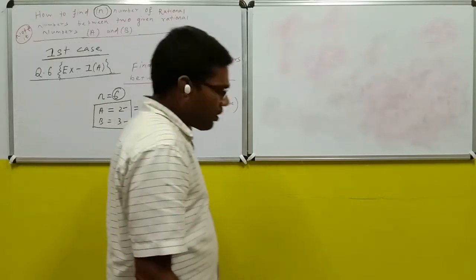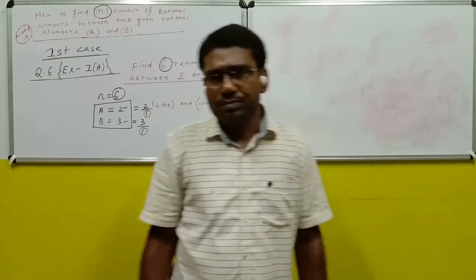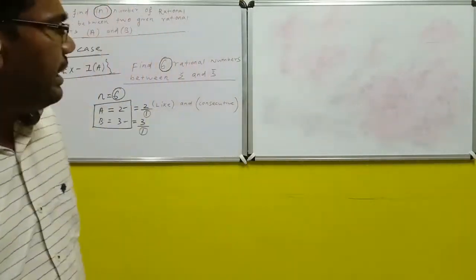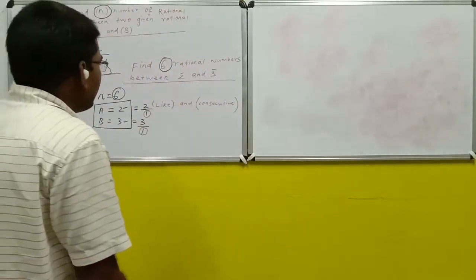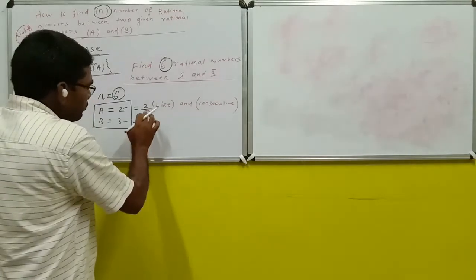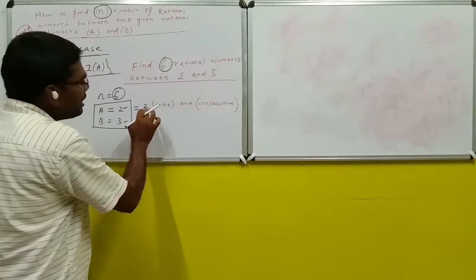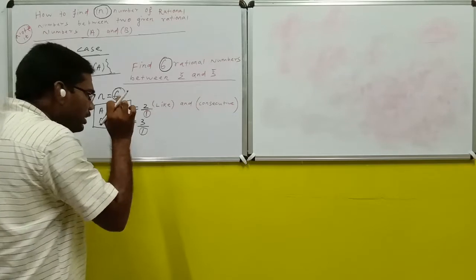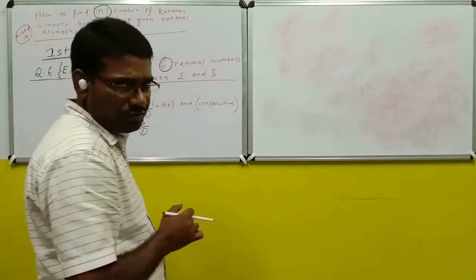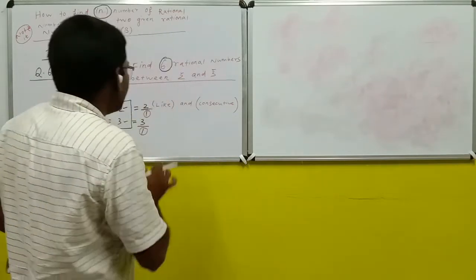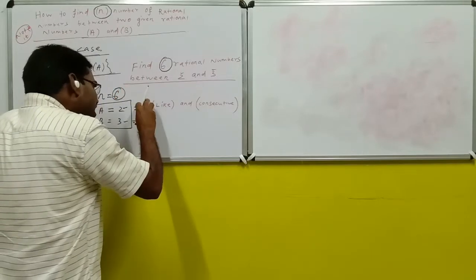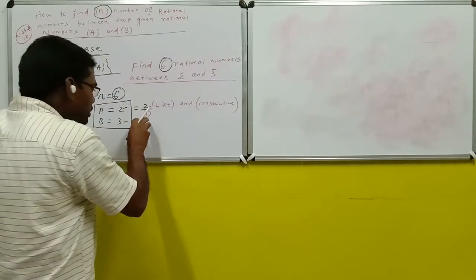So, your first duty is to find out the equivalent rational number of this rational number and also this rational number.